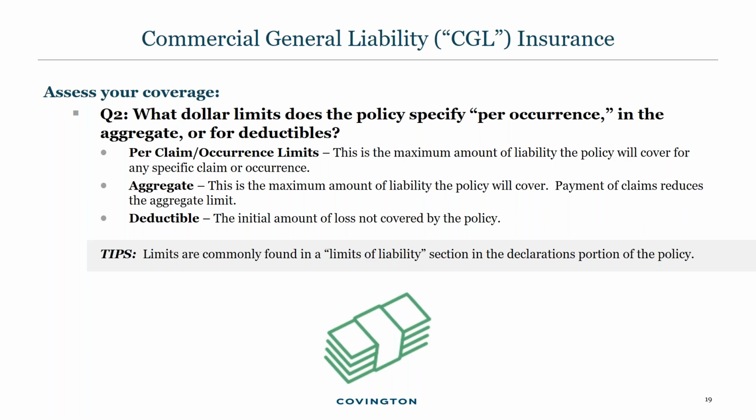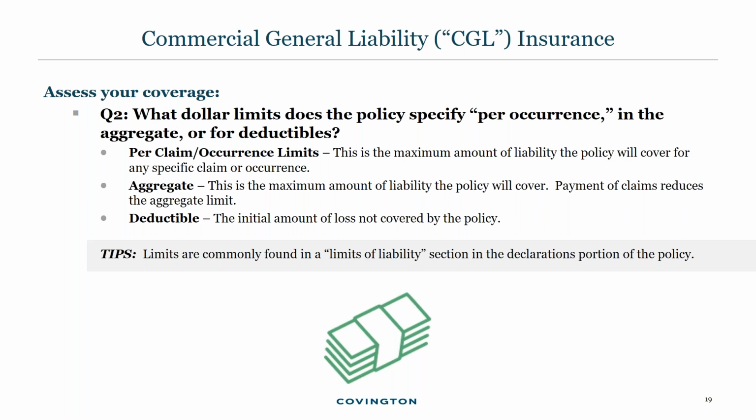However, in addition to per claim and occurrence limits, there are almost always aggregate limits. This is the maximum amount of liability that the policy will cover. The payment of claims reduces the aggregate limit. So if you hit that limit, the insurance company may discontinue to provide any support under that policy, including discontinuation of defense costs, but that will depend.